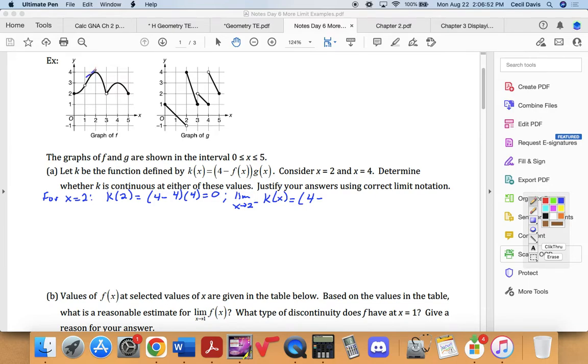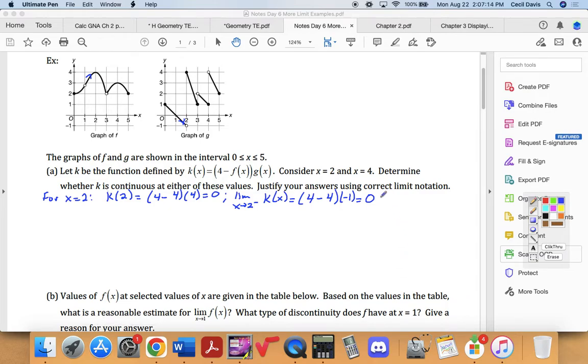It approaches 4, right? Times, as x approaches 2 from the left, what does g approach? -1. Fortunately, it's 0 times something, so that turns out to be 0 also.